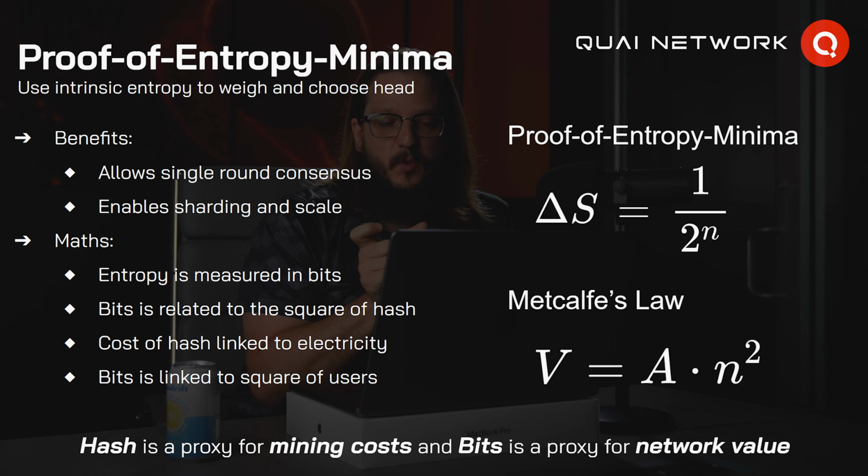And bits, as far as we're concerned, is linked to the square of the number of users, which is roughly a mechanism for understanding the total value of the network as a whole. So hash, in summary, is a proxy for mining cost, and bits is a proxy for network value. And this just comes straight out of understanding Poem.